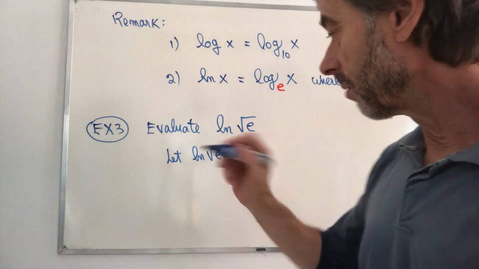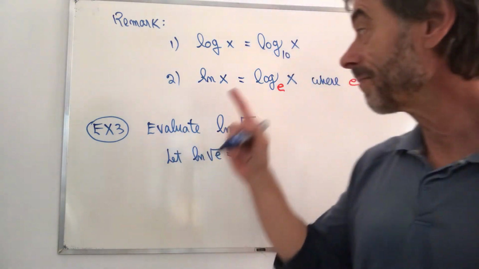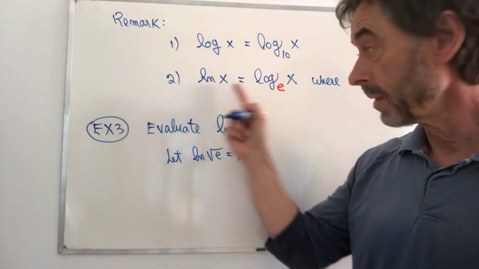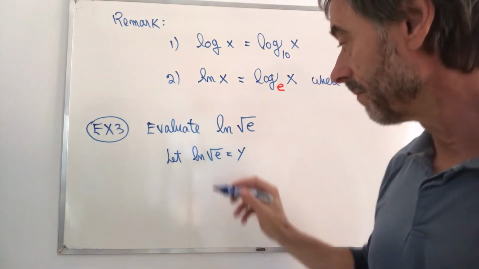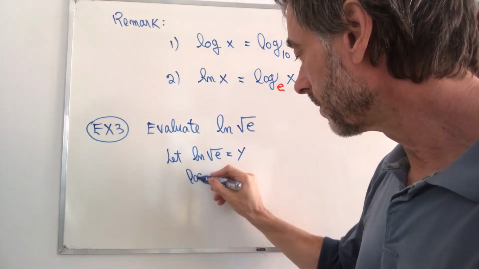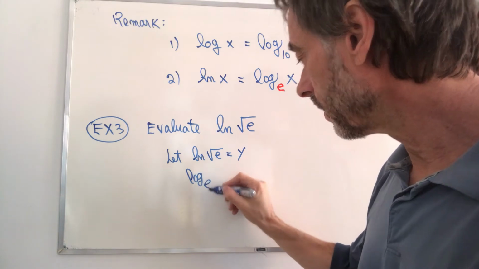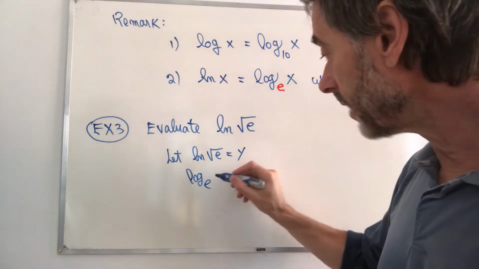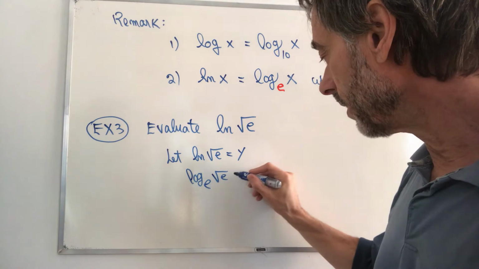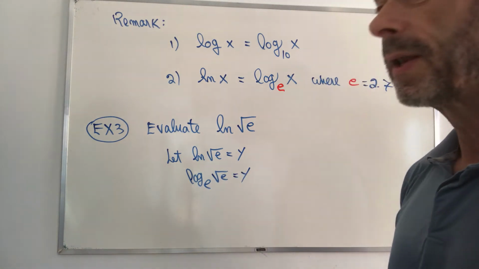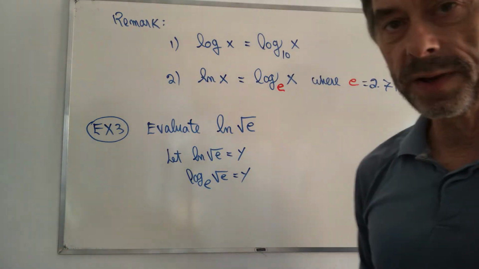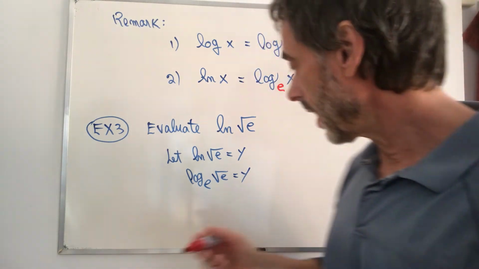So, remember that ln, as we just saw, is log to the base e. So, this is log to the base e. Of what? Of root e. Now I'm going to change my log to an exponential the way I taught you how.